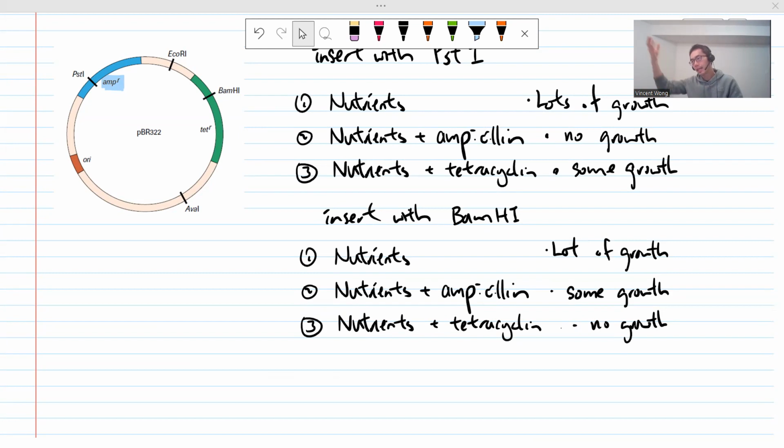Recombinant DNA is taking DNA from different sources and putting it together. In this case, DNA from the bacteria, the plasmid, and DNA from humans, the insulin gene. Put them together, feed it to the bacteria, and then they will do transcription and translation of the insulin gene to make insulin.